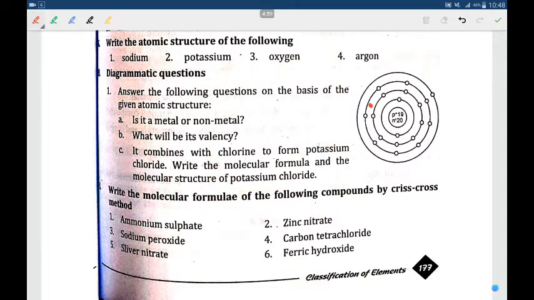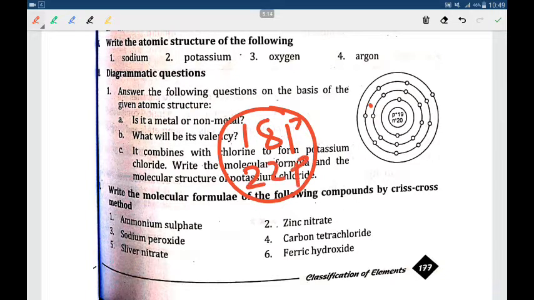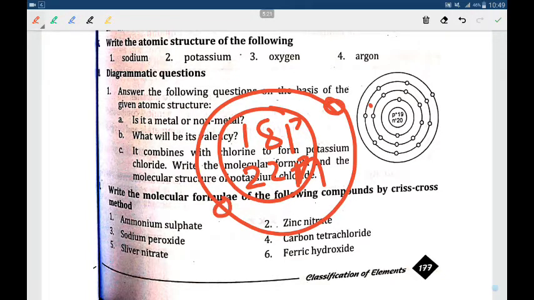Now students, argon. For argon, nucleus 18 protons. Okay, then how many neutrons? 22 neutrons. First orbit 1, 2 electrons.